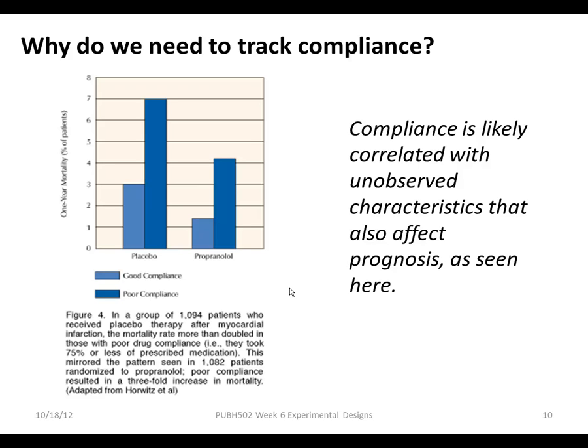So we see overall that the drug did a better job at reducing mortality than the placebo, but there's an even starker difference between the poor compliers and the good compliers in whose mortality was lower. So understanding the relationship between compliance and your outcomes is critical, and will often determine this kind of stratified analysis that you might want to do.